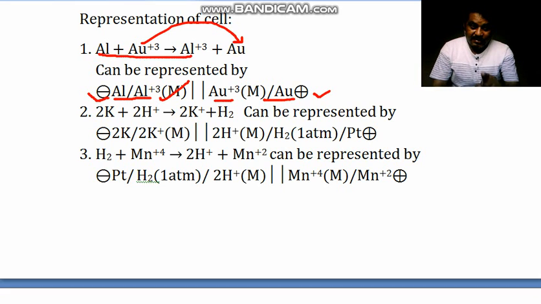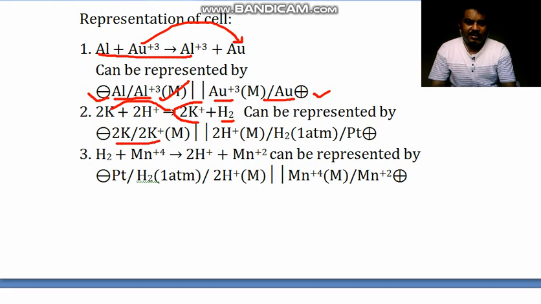But now this is the most important point of the lesson. See, when potassium reacts with any acid, H plus means acid, then potassium is converted to ion and hydrogen gas is liberated. We know that. Now if it is written in the form of the electrochemical cell, then potassium is converted into potassium ion.